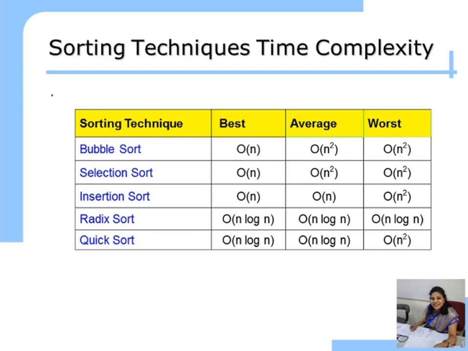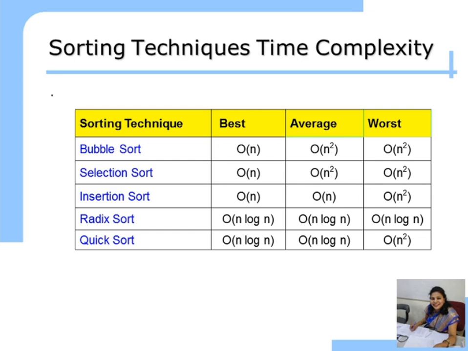You can see the best is O of n, but average and worst are O of n square. Whereas insertion sort is faster, it has less time complexity as compared to bubble and selection. But insertion sort is not suitable for large arrays.